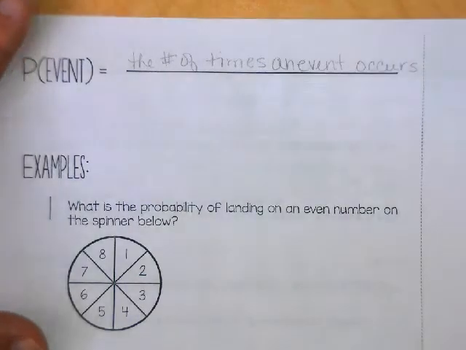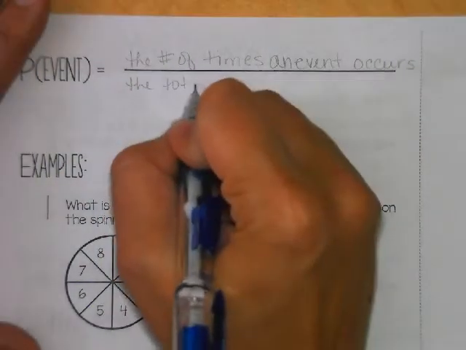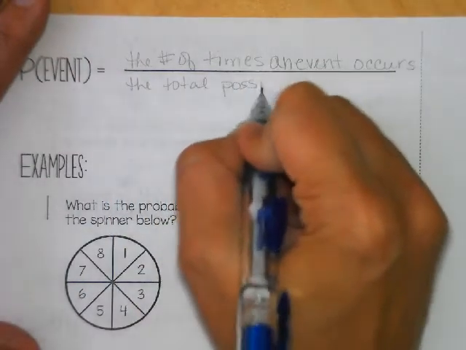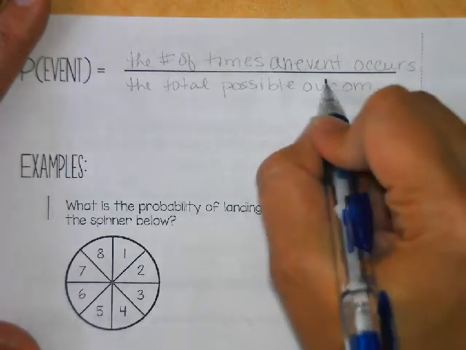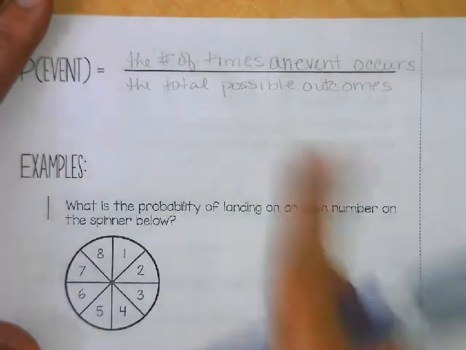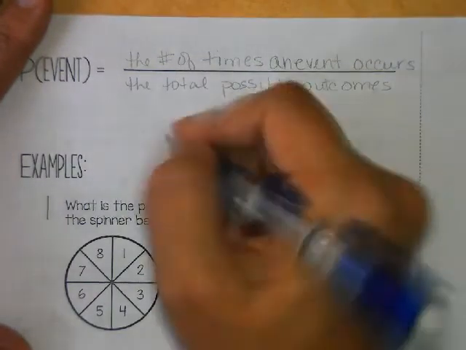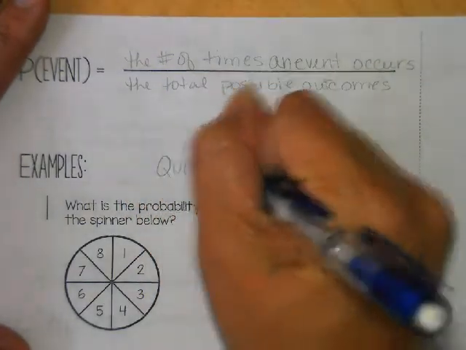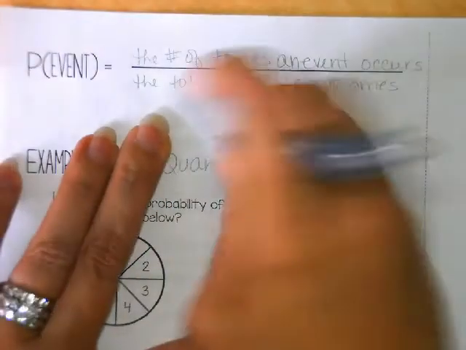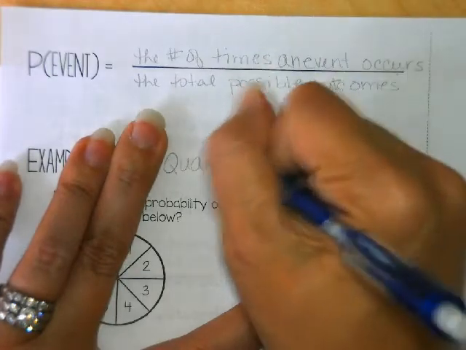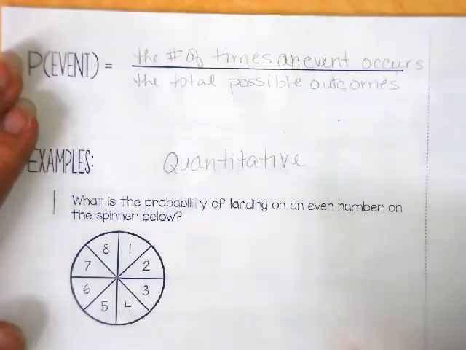In the last one, it would be our even number, out of the total possible outcomes. Okay, so what we want over our total. So these are examples of quantitative probabilities, right? Quantity meaning number.